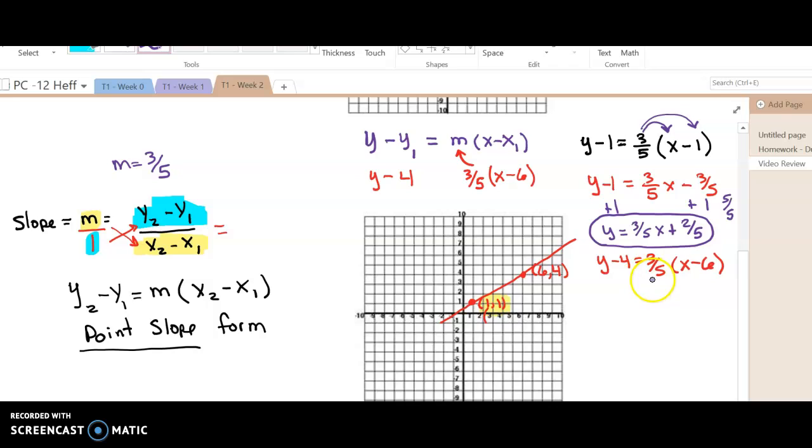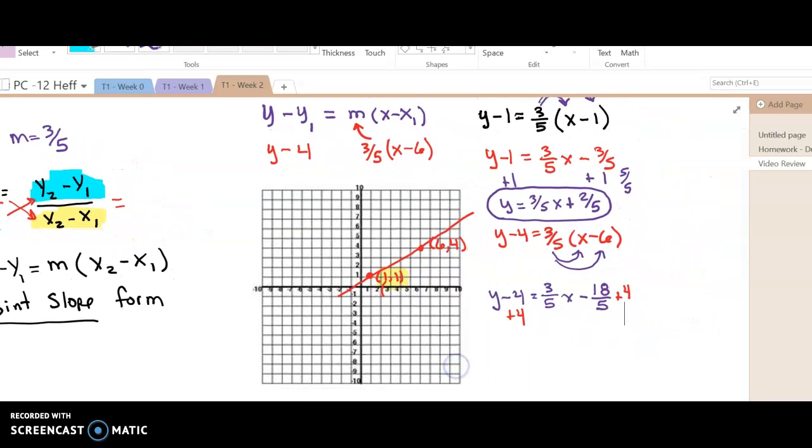Now we'll do the same thing with the other equation we came up with, distributing y minus 4 equals 3/5 x. 3/5 times negative 6 becomes negative 18 over 5. Now we're going to add 4 to both sides. And here's where you have to do a little bit more math.